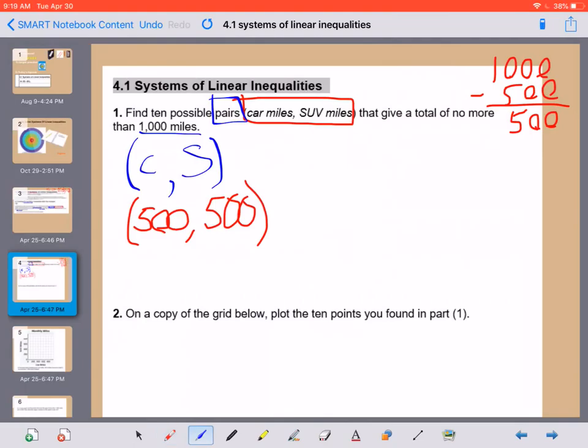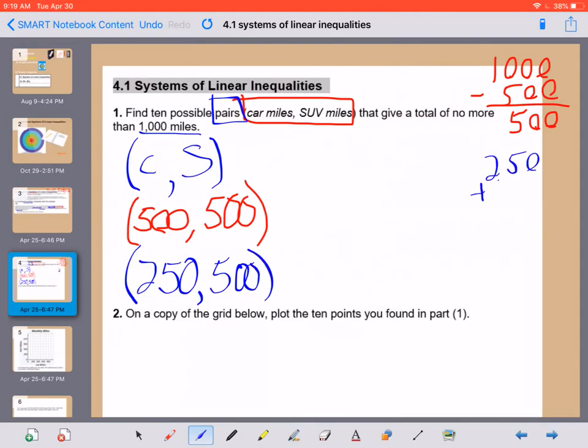Now, also, I could say 250 car miles, and if I said 500 SUV miles, well, if I add up 250 plus 500, what I'm going to get then is 750.